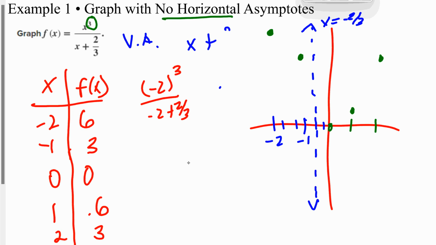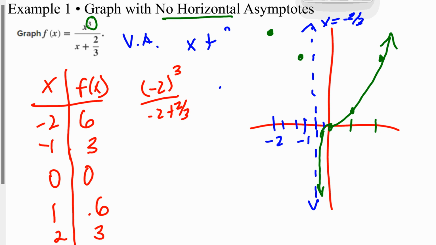You might have to put more points in. I might put negative 1/3 in, and I see that it starts to dip down here. We get closer and closer to that asymptote because we can't cross it. And this way we know we're going up. We see that we have no horizontal asymptote because we continue to go down and continue to go up.